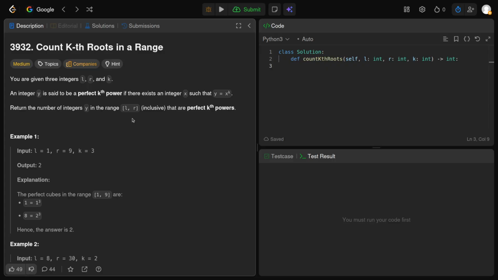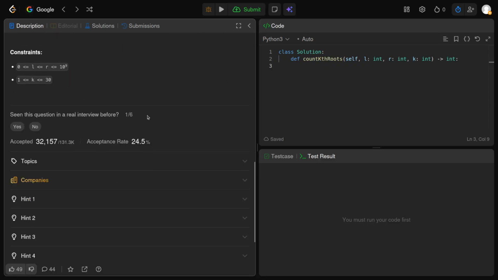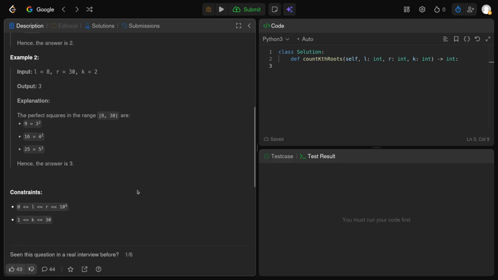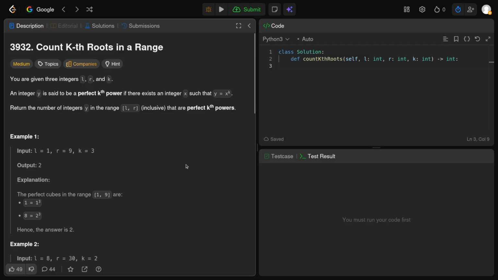So what we can do instead is notice that if x is 1, then it's always 1. If x is 2, then instead of going over all y, we're going to go over all x, since 2 to the k is at most 30 multiplications.